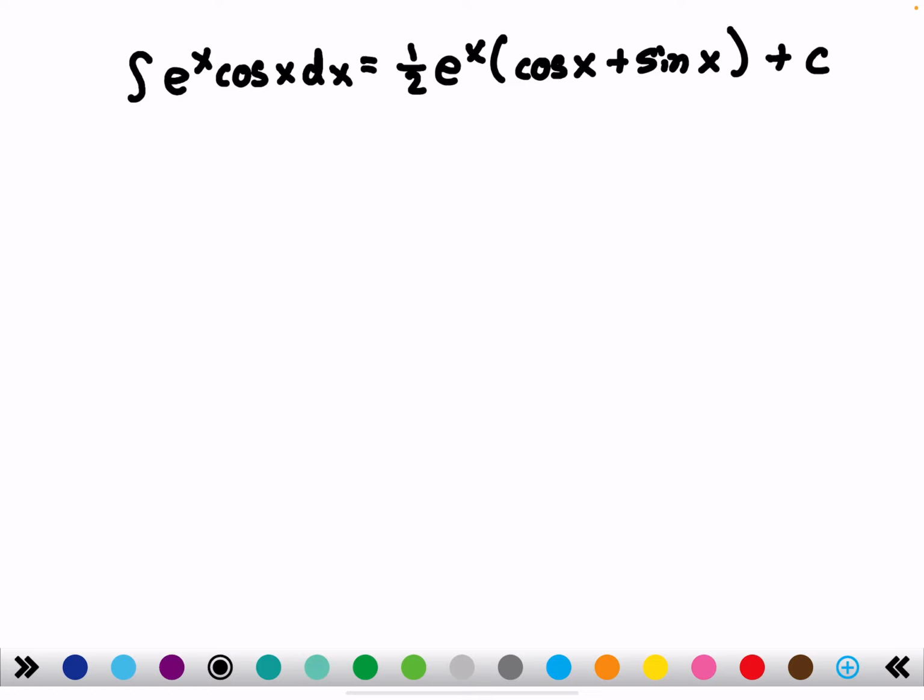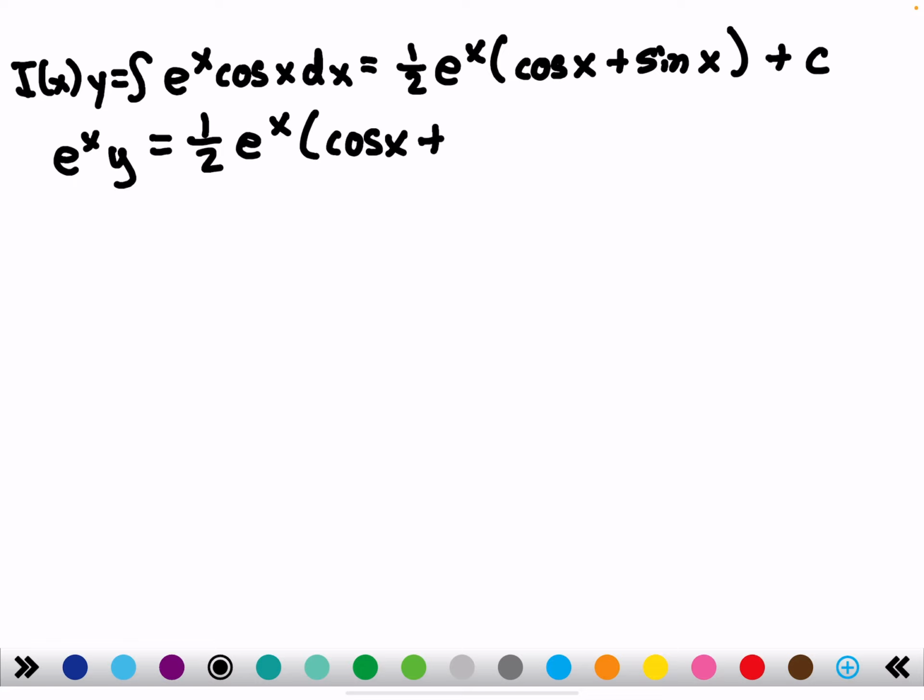plus c. Now we need to set this equal to, remember, this is equal to I to the x times y, and I to the x was e to the x. So e to the x y equals 1/2 times e to the x times the quantity cosine x plus sine x plus c.